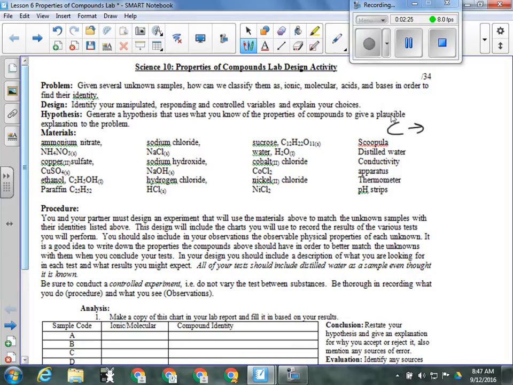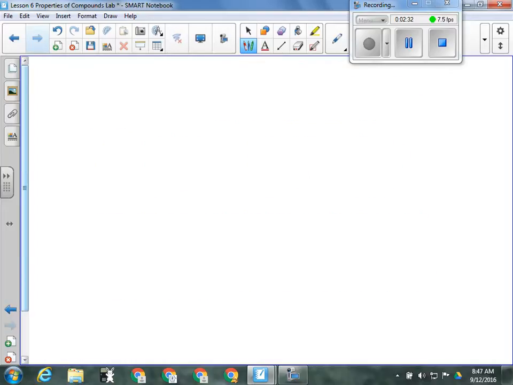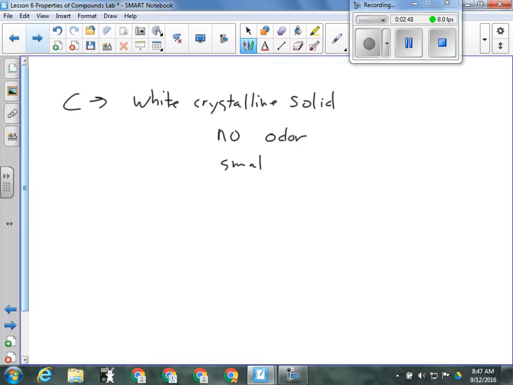So, for your observable properties for sample C, you should write in that sample C was a white, crystalline solid with no odor, and small trapezoidal crystals.